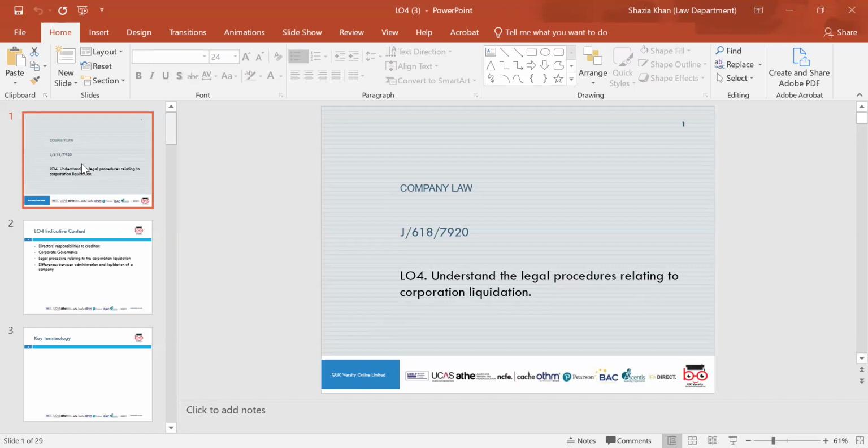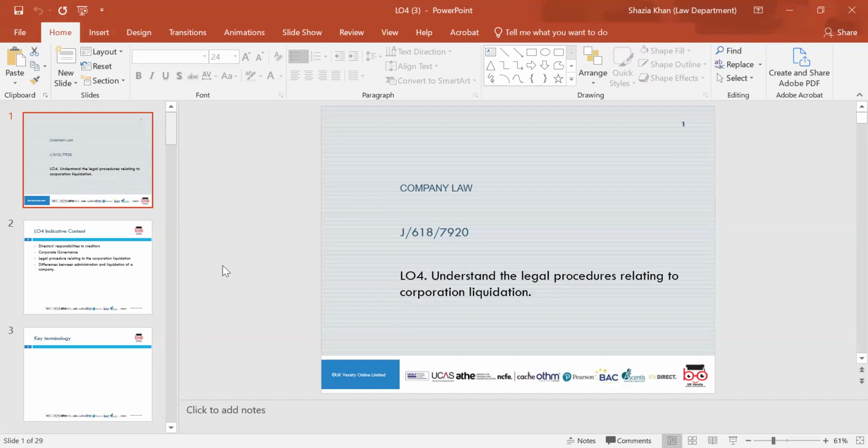We also looked at 3.2, which was explaining the rights of members in voting, because that's a big part of private limited and public limited companies and how that affects individuals. We looked at ordinary resolutions and special resolutions.